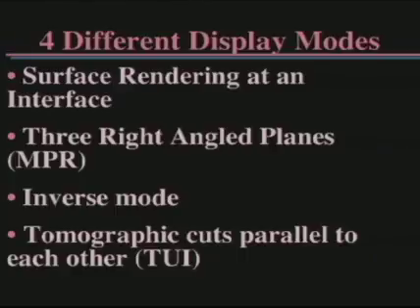These are 3 planes that are at right angles to each other that intersect at one point. And it's the main way in which the volumes come up when you first take them. And you can navigate through that volume using those 3 planes. The inverse mode we'll talk about in a moment. And the tomographic cuts are parallel cuts. They're parallel to each other, much like a CT and an MR.